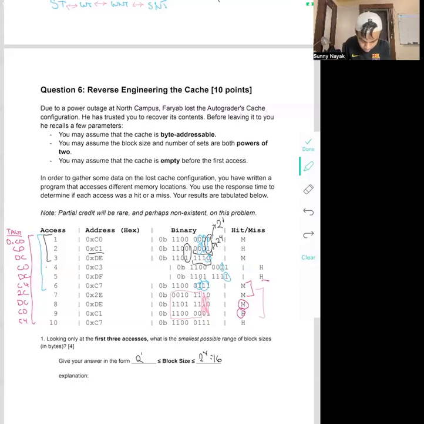So then we could expand the number of sets, which would essentially double our cache size. We could say, what if our set index was 0 and 1, in other words, my cache was 8 large, would that work?